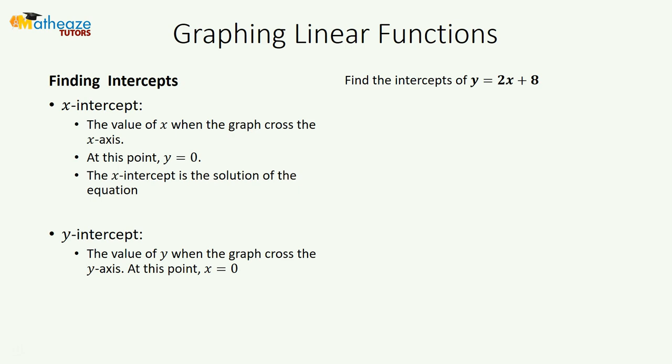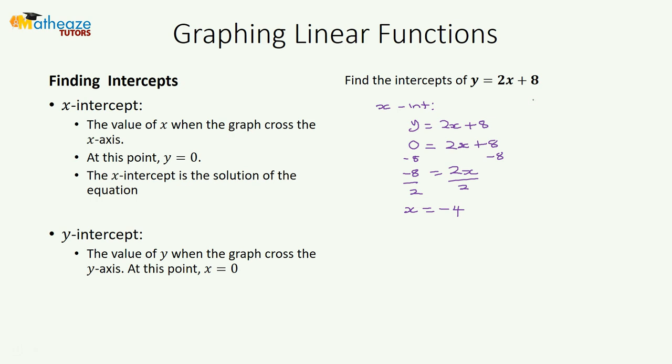So if we're trying to find the x-intercept of y equals 2x plus 8, what we're going to do is make y 0, and we solve this equation. So subtract 8 here, subtract 8 here. So negative 8 equals 2x, divide by 2, divide by 2. So x equals negative 4.